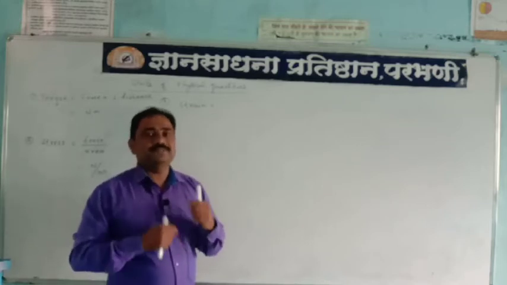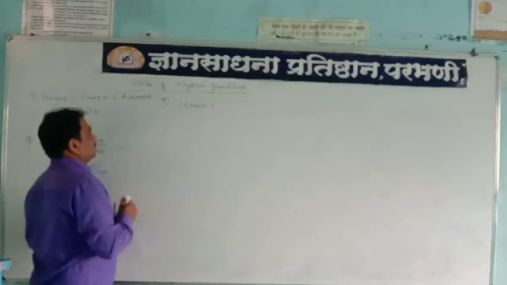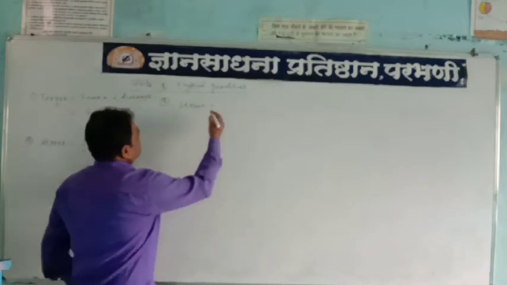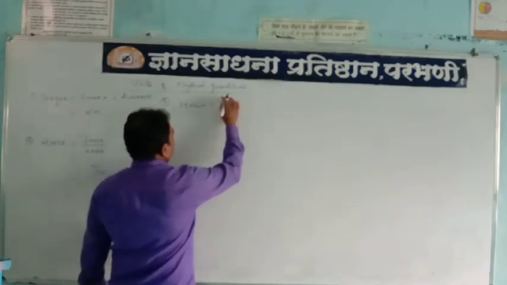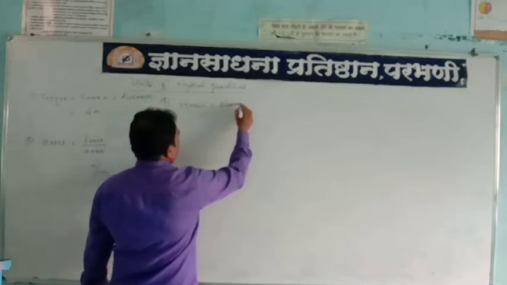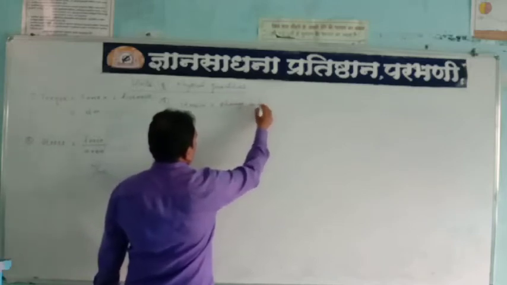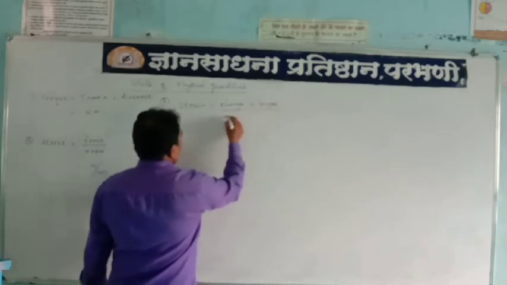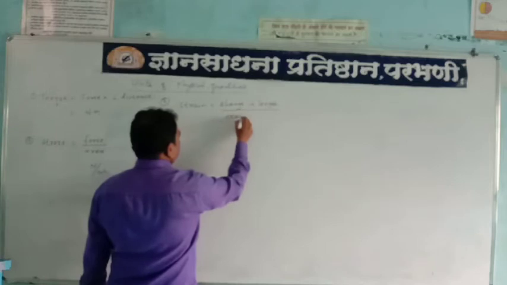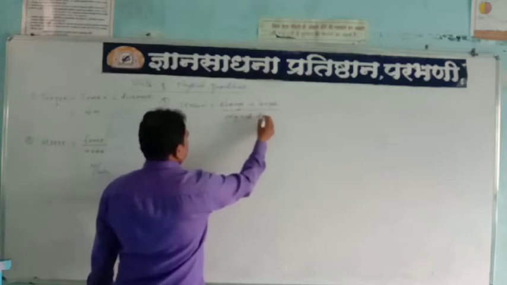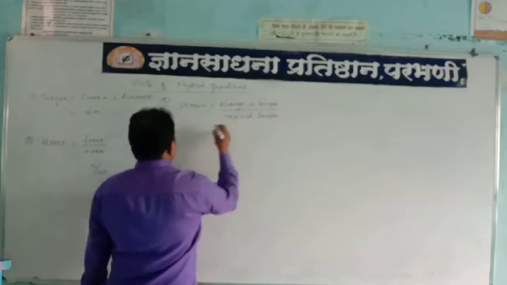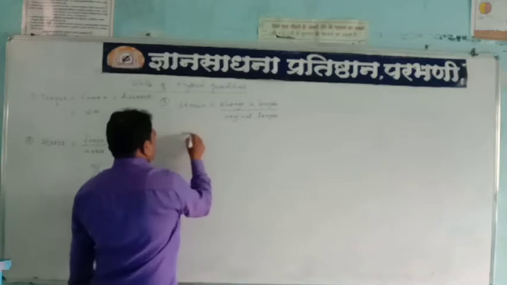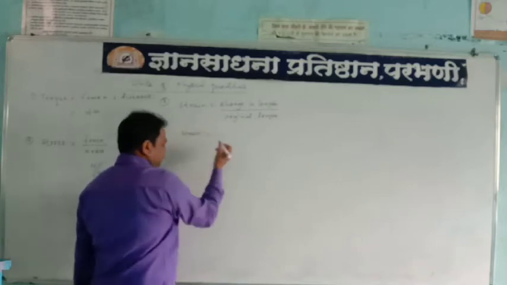So what is the meaning of strain? Strain means change in length, or we can say increase in length, upon original length. Therefore, what is the SI unit for strain?